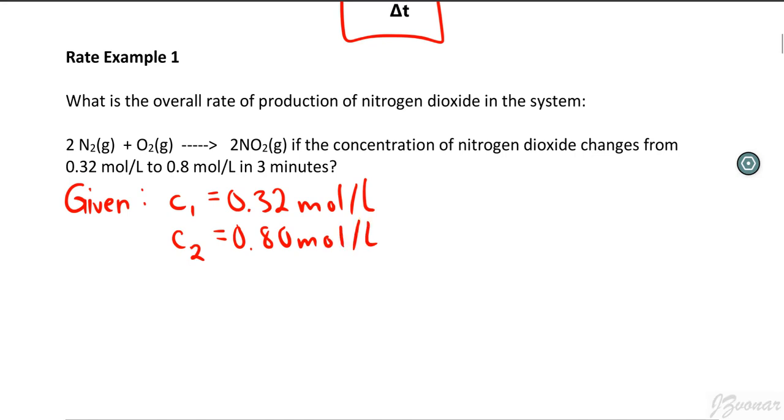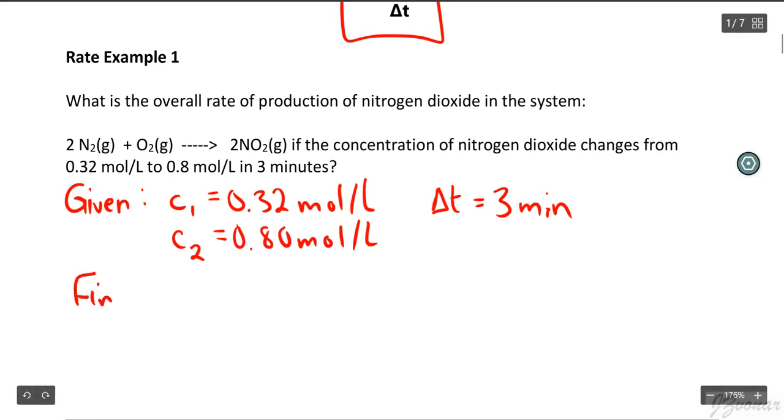We're also told that it takes 3 minutes for this to take place. Okay, so we wish to find the overall rate of this reaction. So that is what I'm looking for, little r.